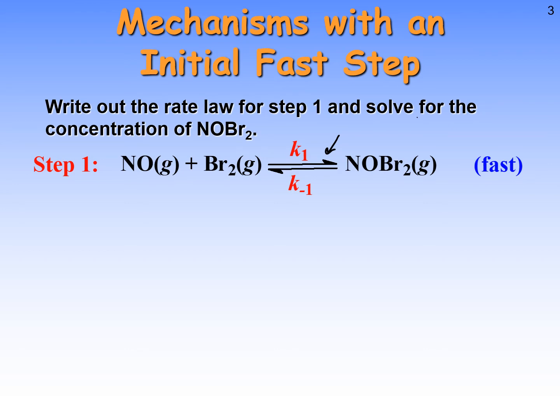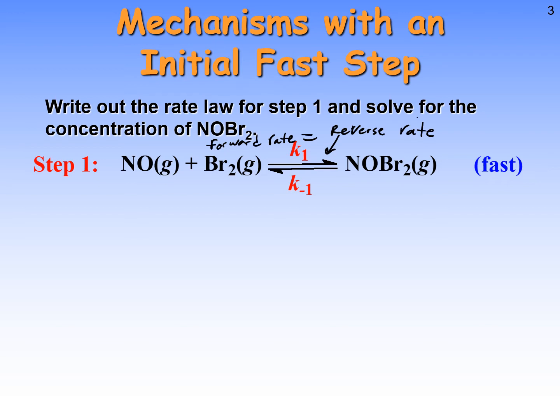Now reactions at equilibrium, they're special. You might have learned some small things about equilibrium back in Chem 1A. We're going to learn a whole bunch more in the next 3 chapters of this class about equilibrium. Equilibrium is defined as when the forward rate of reaction is equal to the reverse rate of the reaction.